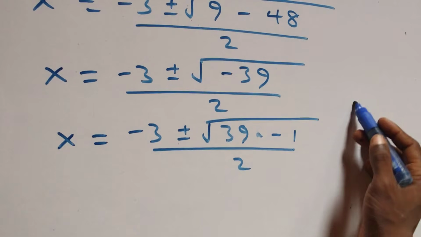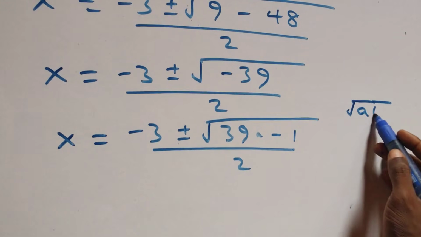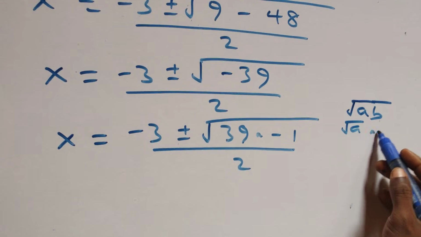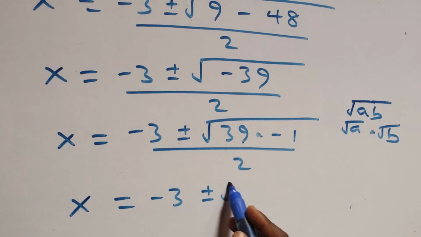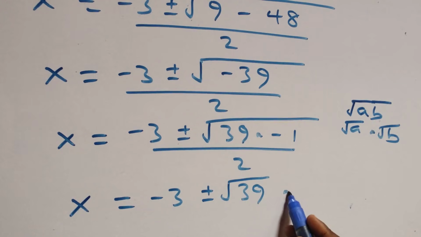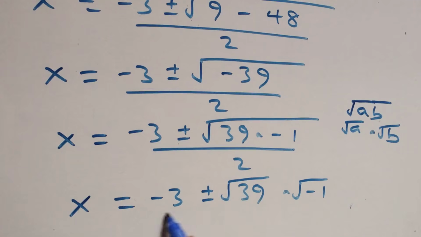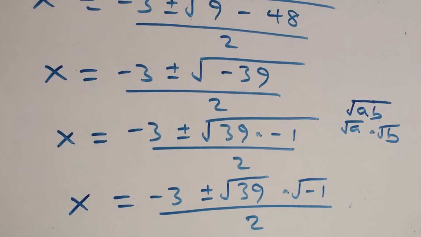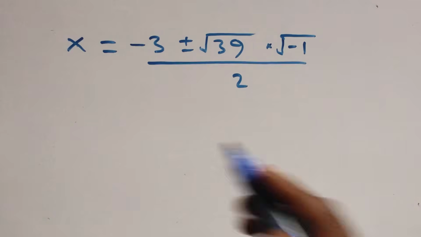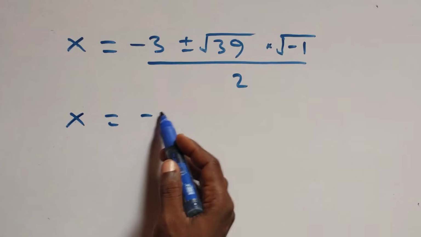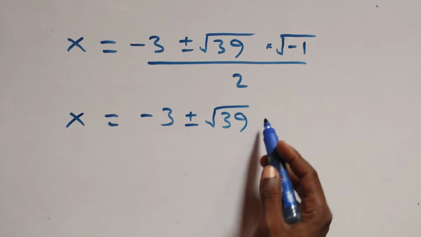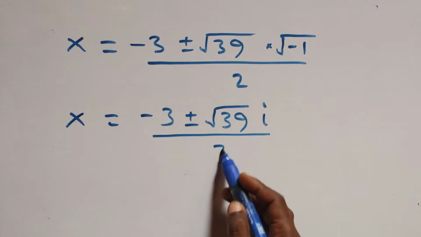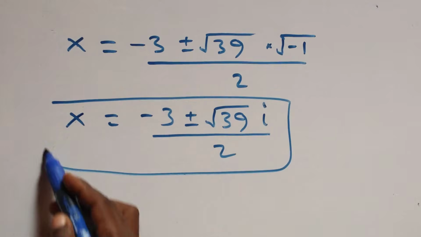This follows when we have root a times b can separate as root a times root b. Then here we have x equals to minus 3 plus or minus root 39 times root minus 1 all over 2. Then here this becomes x equals to minus 3 plus or minus root 39, then root minus 1 is i, over 2. That is, we have two complex solutions here.